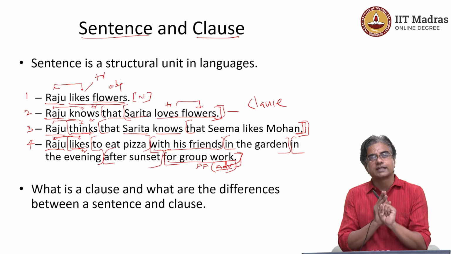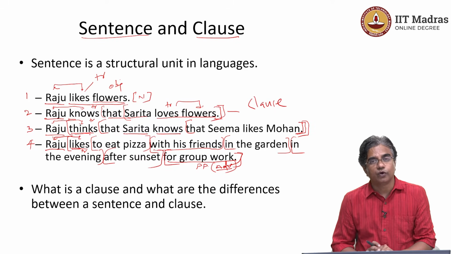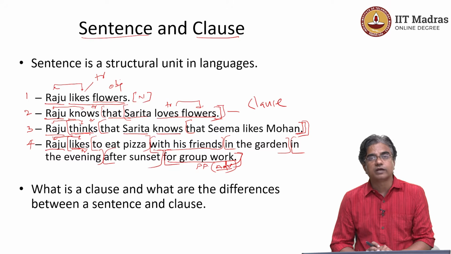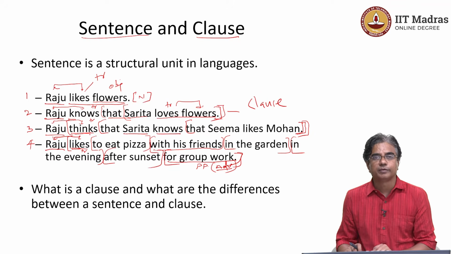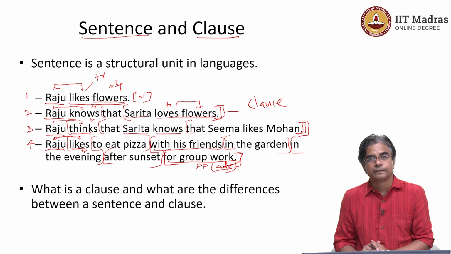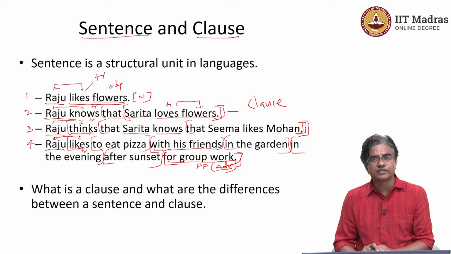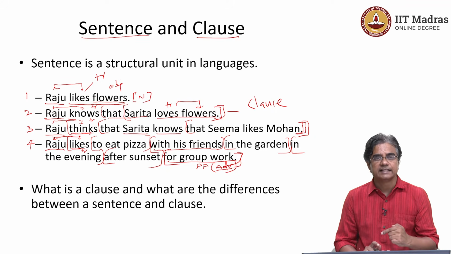Not only does this clarify the notion of a sentence for you, it also clarifies once more the essential components of a structure being called a sentence. We also know what a clause means, and we learn additionally that a sentence is also essentially a clause, and a clause can very well be a sentence.